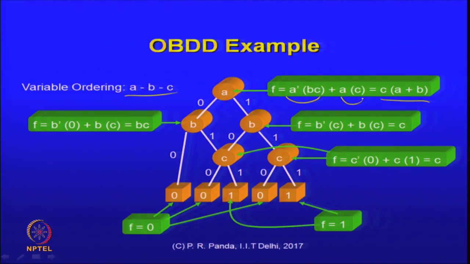Shannon's expansion can be used to do that decomposition. So, once I do that, this is my function, but I have a prime times b c plus a times c. So, somehow that node has to be associated with the function b c, and that node has to be associated with the function c.